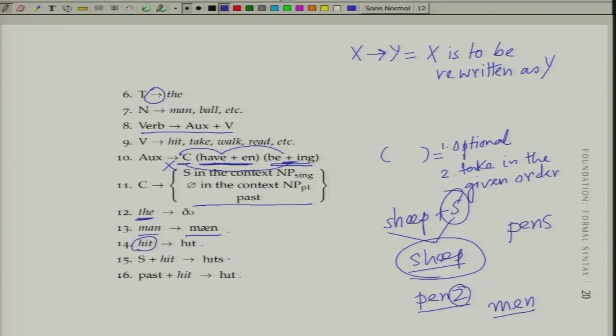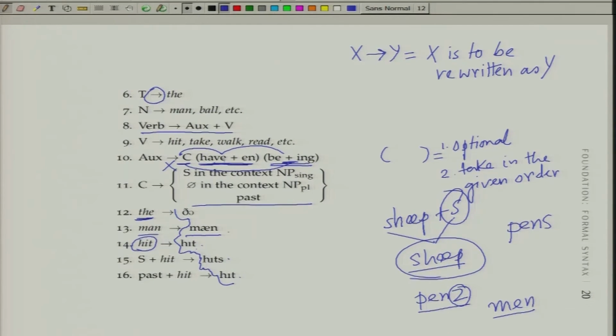intention is to come up with rules that will also yield the final products like man, this thing, hit, or hits, or hit in the past formation, or the. All these things are the terminal things. Now, rules that concern the terminal products like the, man, hit, hits are the morphophonemic rules.